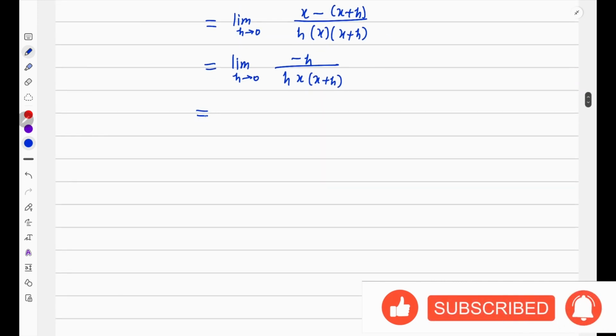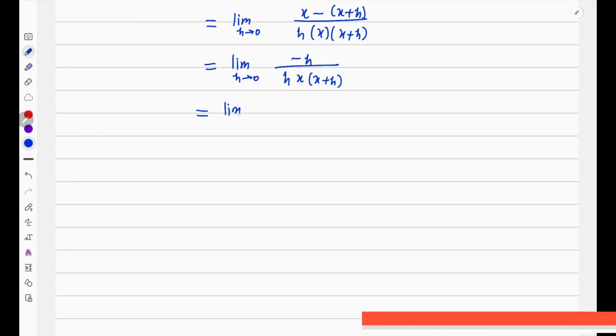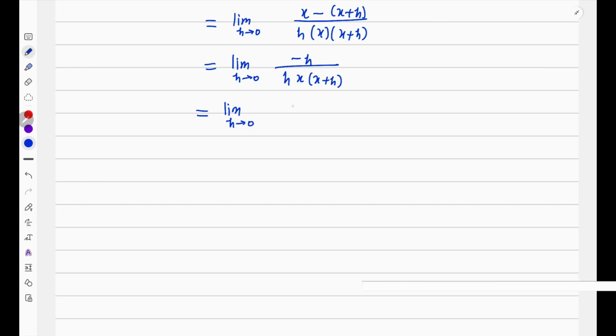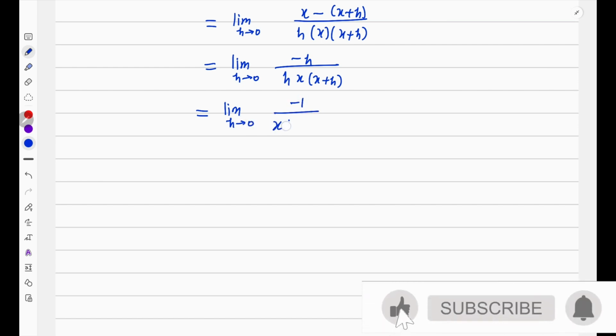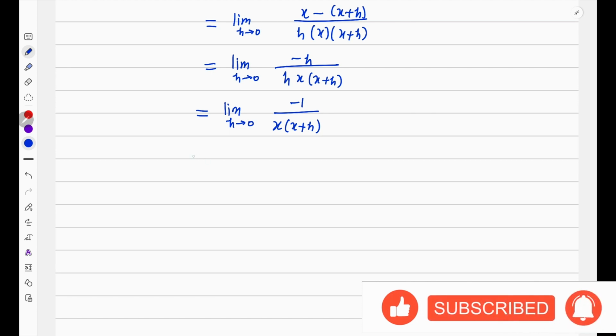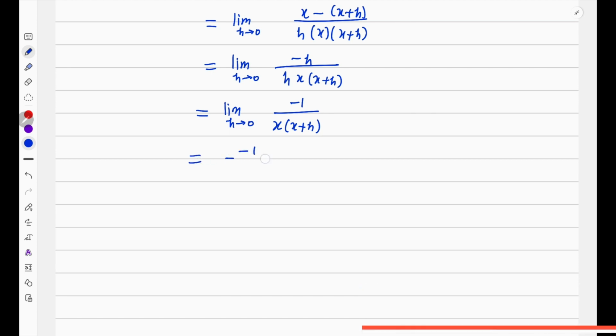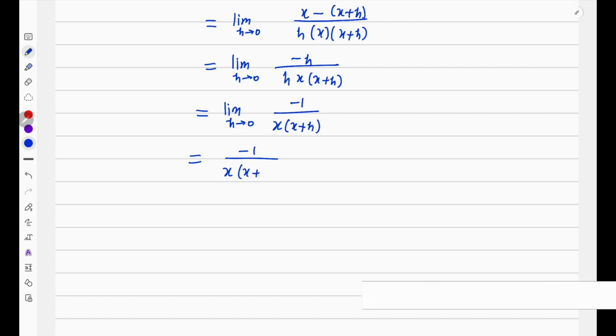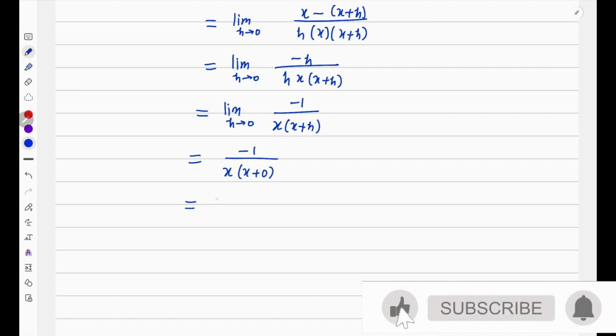It becomes the limit as h approaches 0 of minus 1 over x times (x + h). If we substitute the h value as 0, it becomes minus 1 over x times (x + 0). It is minus 1 over x square.